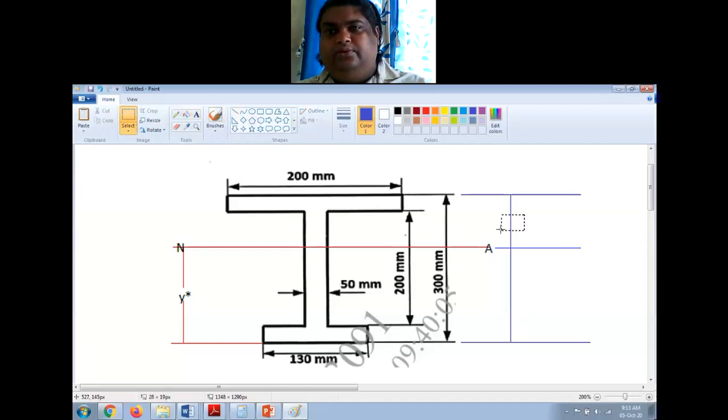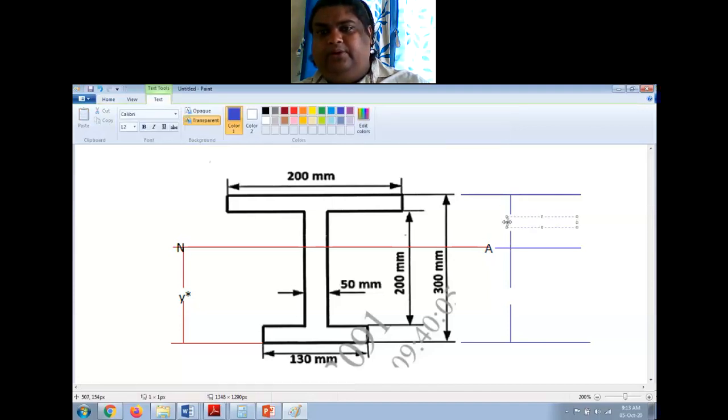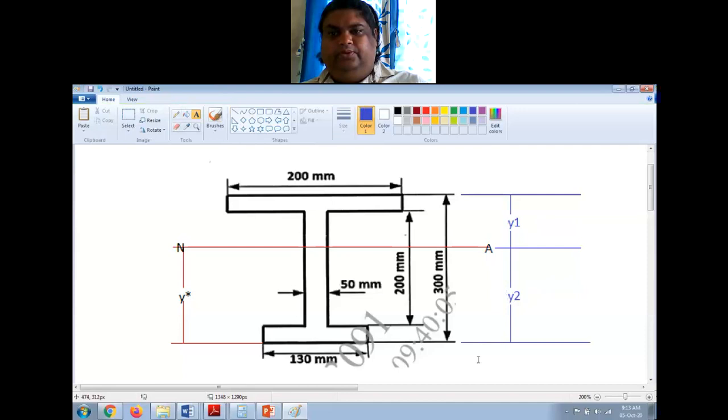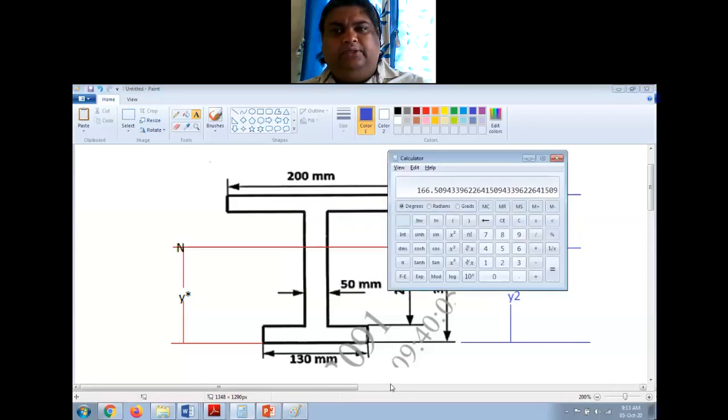So I'll call from the neutral axis to the top fiber, I'll call this as y1, and from the bottom fiber to the neutral axis I'll call it as y2. Okay. So I need to first find this y1 and y2, and then we'll proceed.